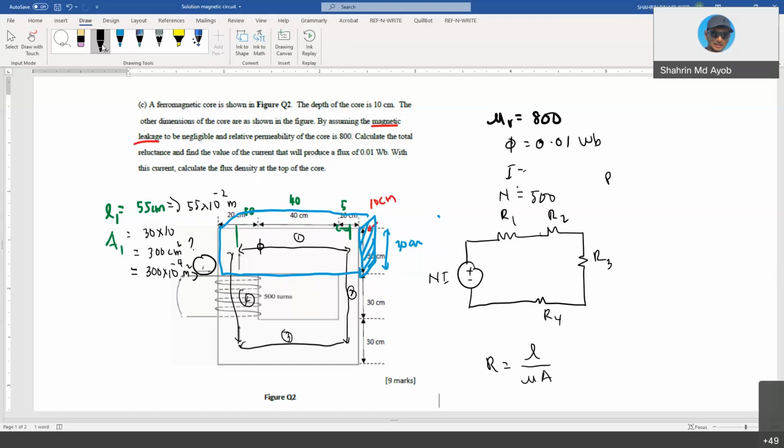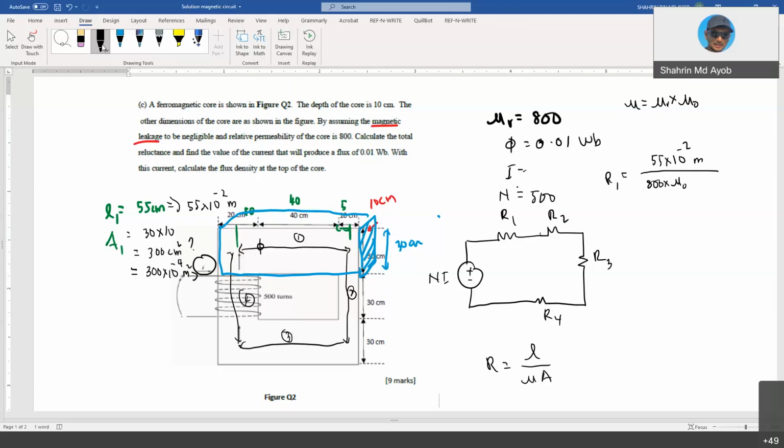So you can now calculate your R1. Your R1 is 55 times 10 to the negative 2 meter over your mu. Your mu must equal mu R multiplied with mu O. So 800 multiplied with mu O, from the calculator constant 33.